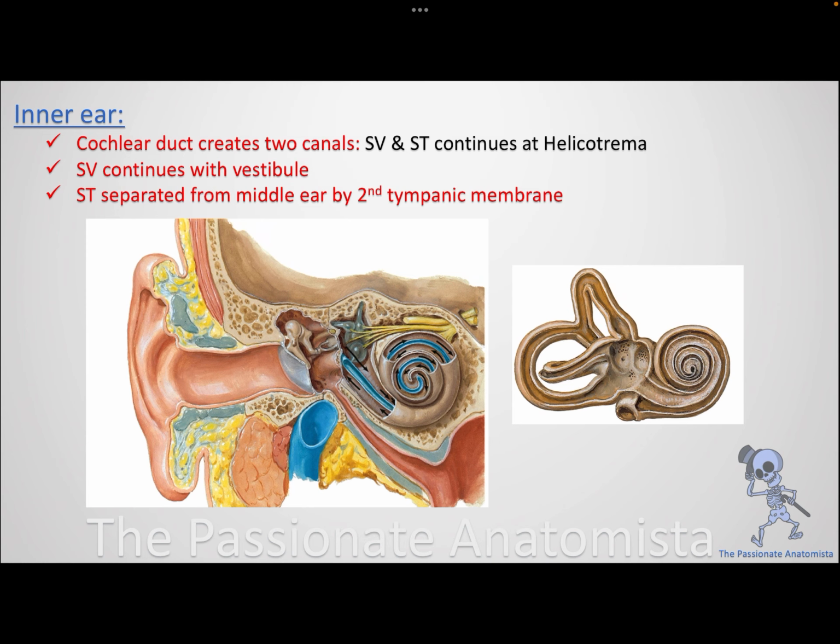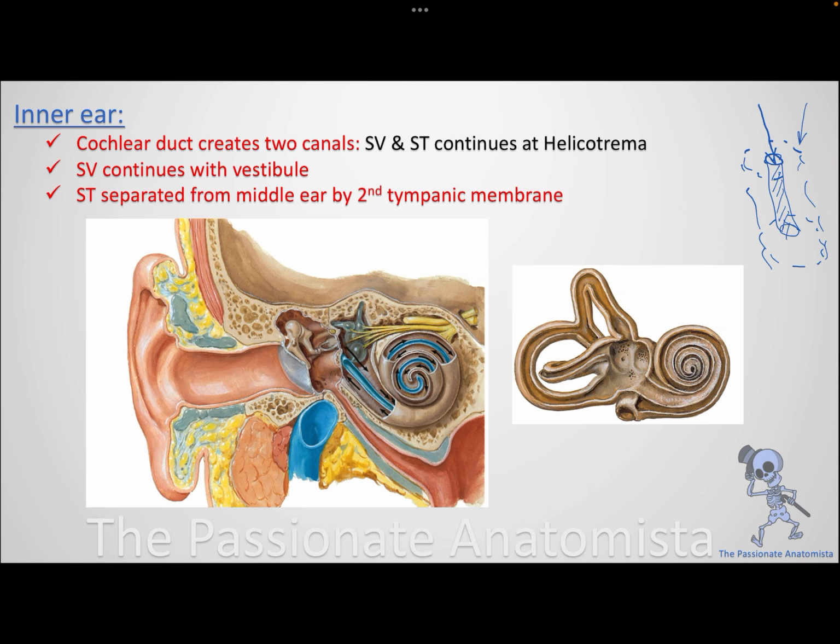Think about this as embedded inside of this. If I have a membranous part that gets inside the bony part, this is going to be my scala media.